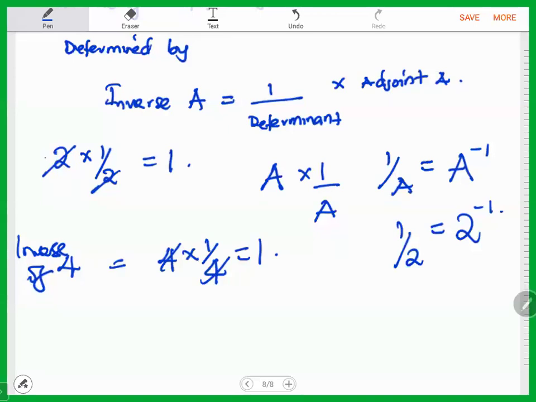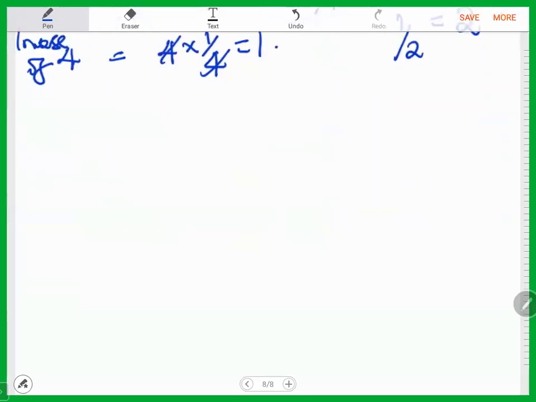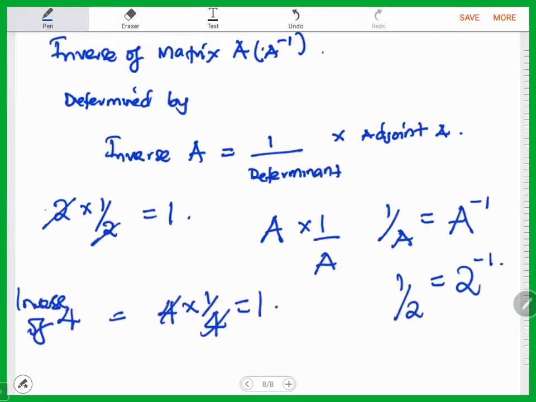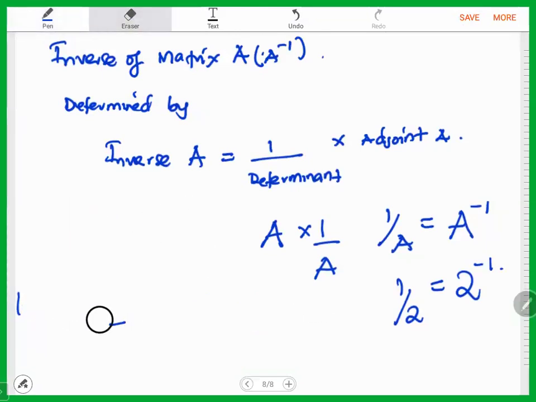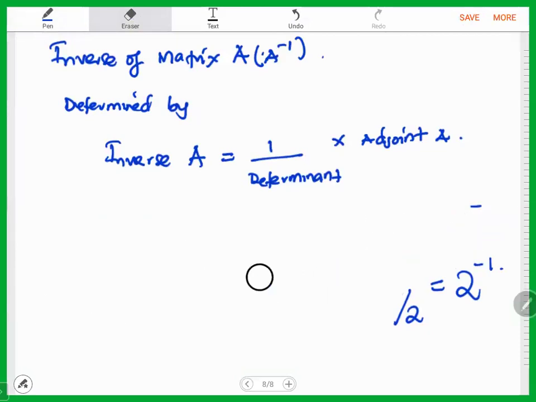So when a matrix is multiplied with its inverse, I'm very sure that I'll be getting a 1. I just wanted to show you how to get an inverse of a given variable.